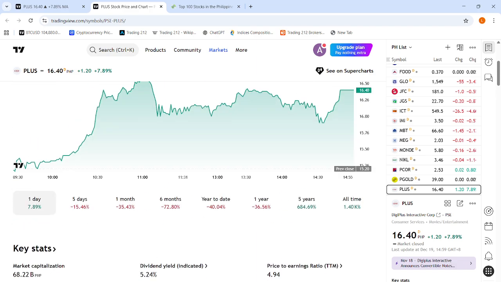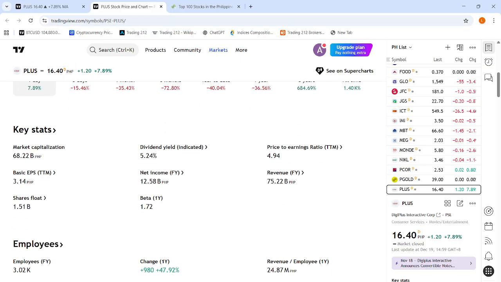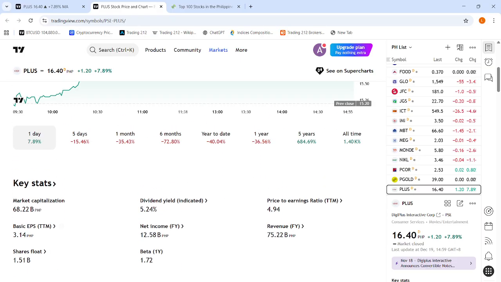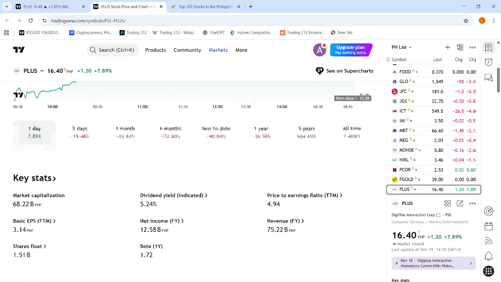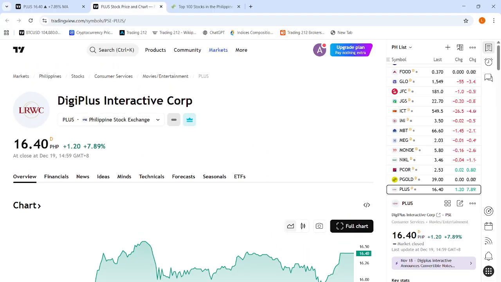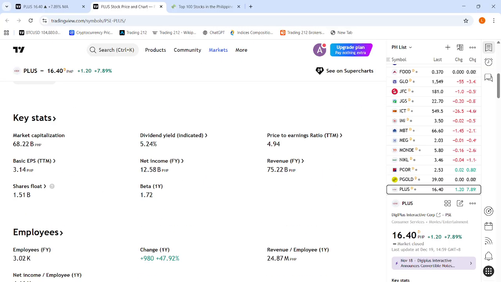And then, what is the incoming? Okay, there is no forecast for this fourth quarter. But okay, this is already a good net income, good financial statistics. Beta is 1.7.